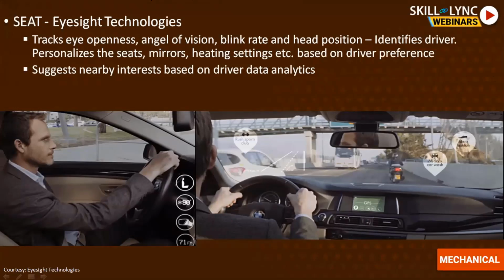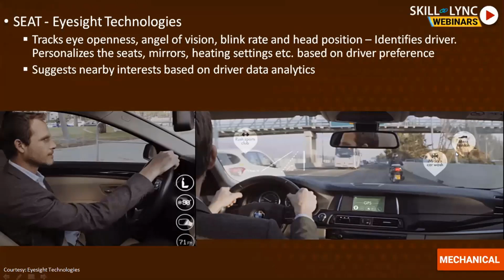The next one is the suggestion of areas of interest based on driver data analytics. It is very interesting that it detects the most common spots the driver visits and creates analytics. You can see here that it shows a bunch of options for the driver. For example, we have the sports club, the car wash, and a place where we can buy things.